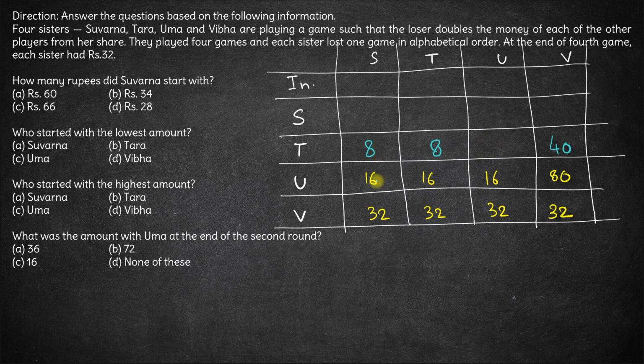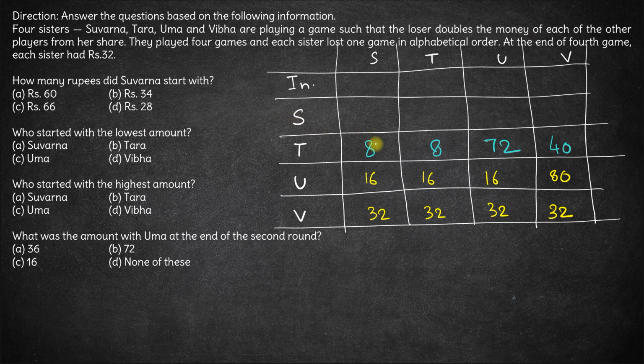U must have given 8 rupees to S, 8 rupees to T, 8 plus 8 is 16, and 40 rupees to V. 16 plus 40 is 56. So U must have distributed 56 rupees, right? And at the end he is left with 16. So the amount initially before the 3rd round must have been 56 plus 16, which is 72 rupees.